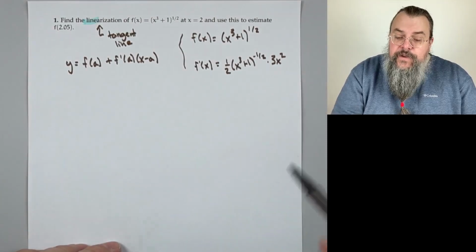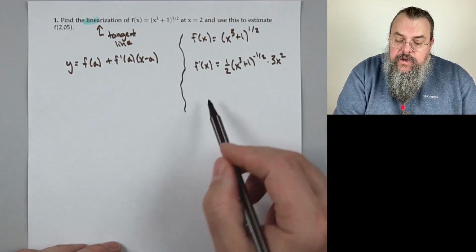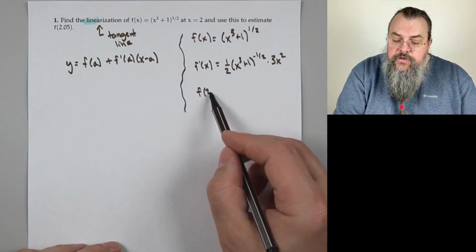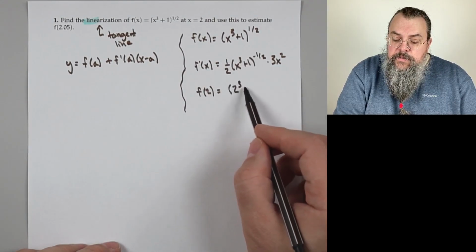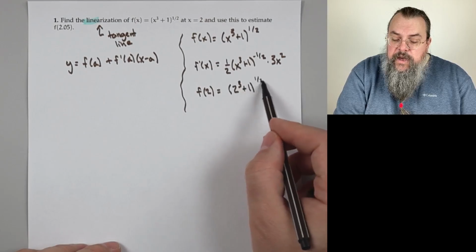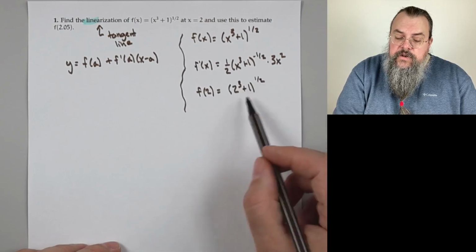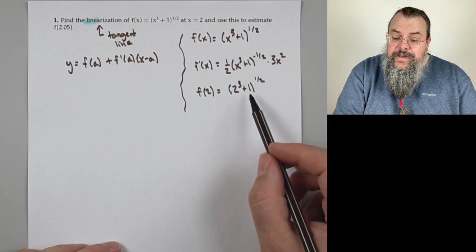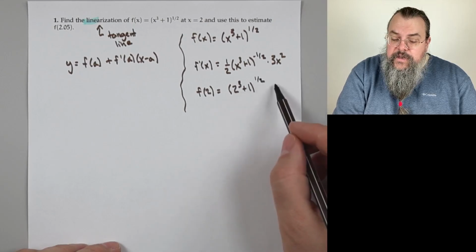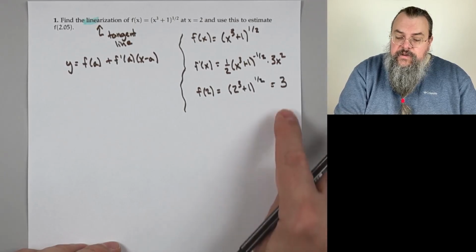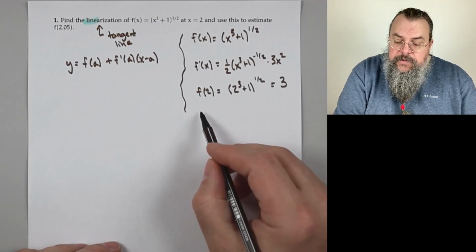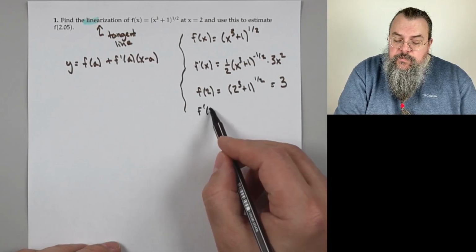Well, you evaluate. So, what is f of 2? Well, that's 2 cubed plus 1 to the 1/2. Now, it turns out 2 cubed plus 1 is 9. Square root of 9 is 3. All right, so that's 3. What about f prime of 2?